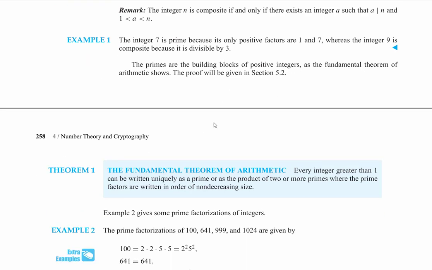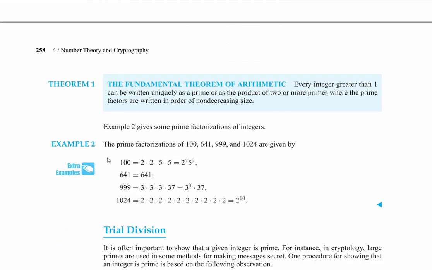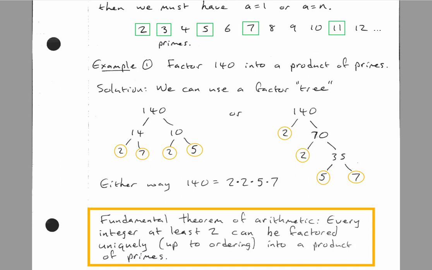Building blocks, yes. Example 2, some more prime factorizations. Again, you could find these using that factor tree idea. These kind of look like upside down trees, slightly.